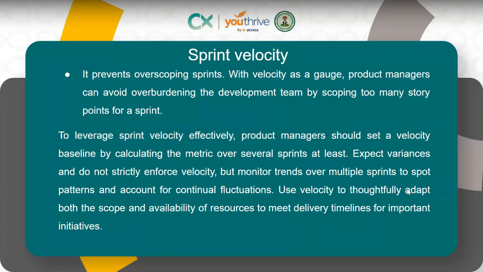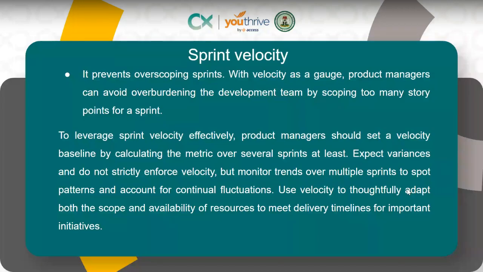Not 10, that might be too much. Let's say about 8 or 9 or 7 user stories. But actually those user stories are just one story point each. So there are things that they can finish in about 2 hours, 3 hours, and the sprint might take about 2 weeks. So they might even finish before the sprint ends, and they might be asking for more user stories to work on.